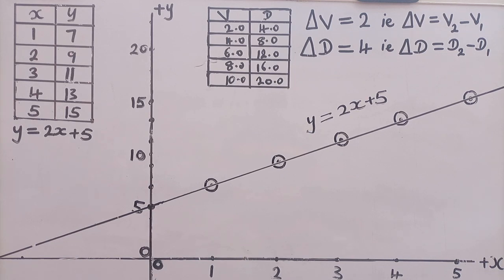Instead, it is how many times this change in distance has occurred with respect to the change in volume. In plain terms, how many 2's are in 4? That is, if change in volume is 2 and change in distance is 4, how many times of change in volume has occurred to give us change in distance? Meaning, how many 2's are in 4? I repeat, how many 2's are in 4? Or how many delta V's are in delta D?